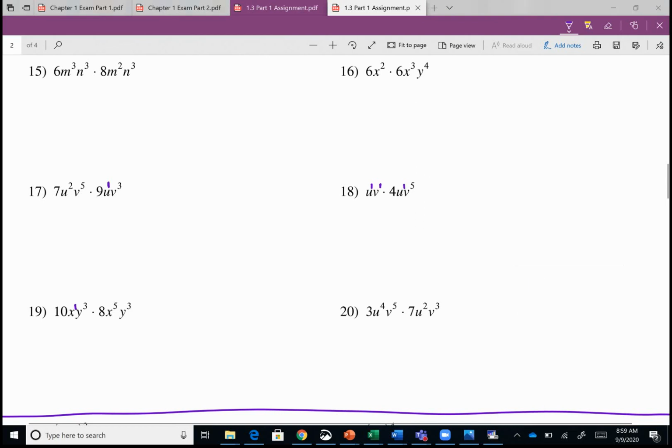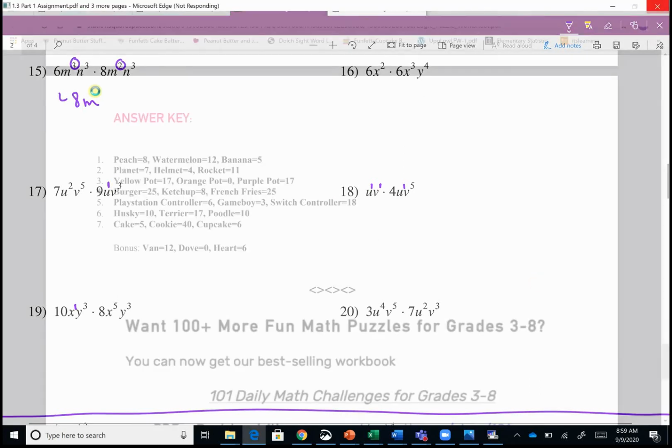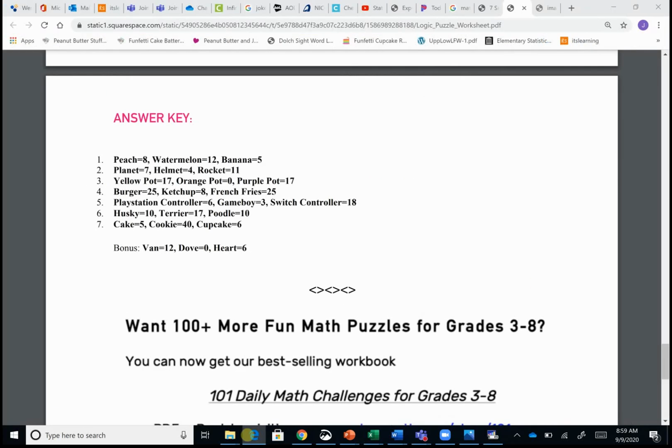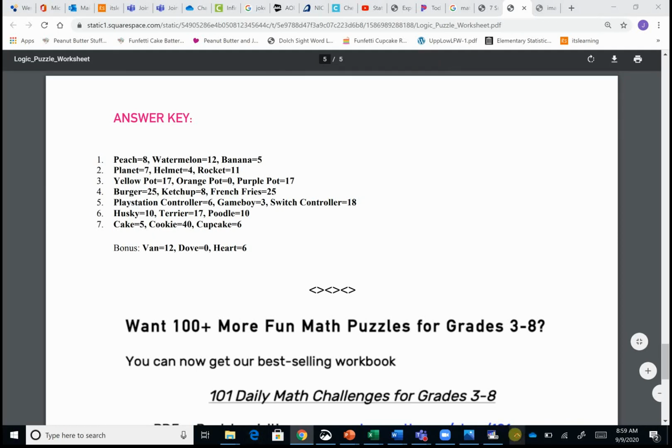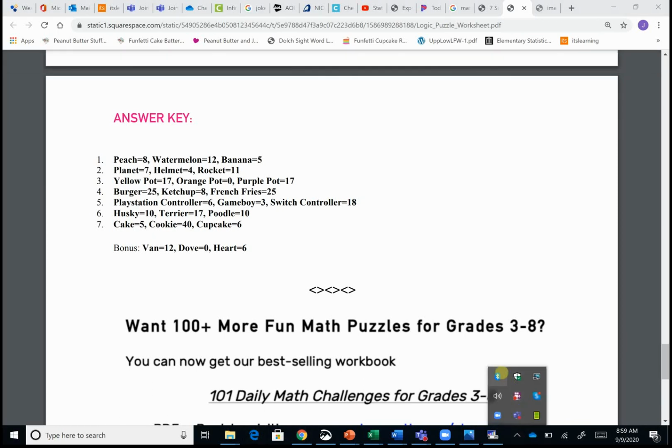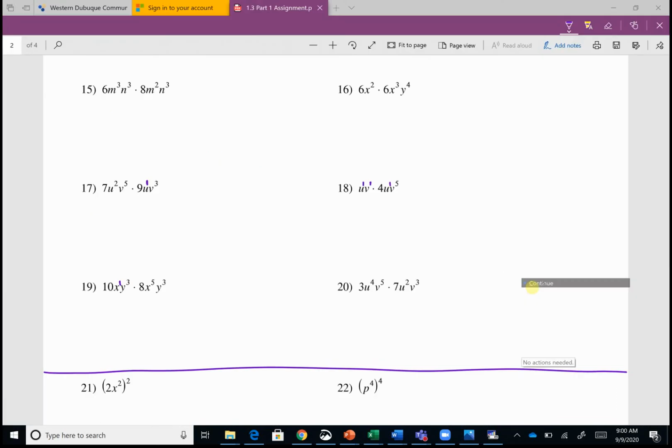So for the bottom 6, 6 times 8 is 48. M, we do 3 plus 2 is m to the 5th. Oops. Guys, a little technical difficulties there. So number 15, we would have 48. M, 3 plus 2 is 5.